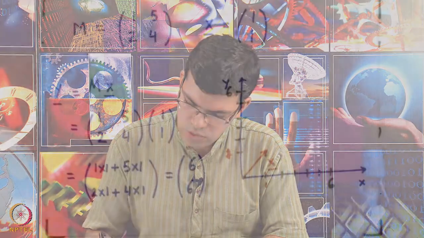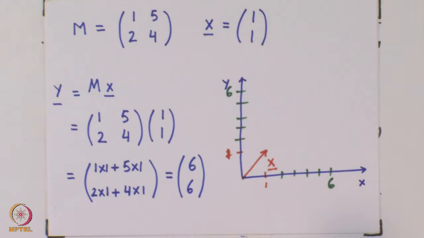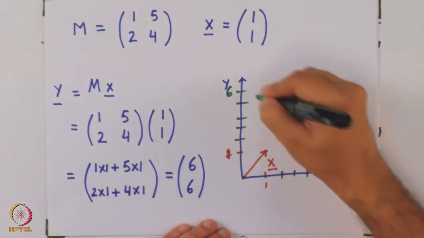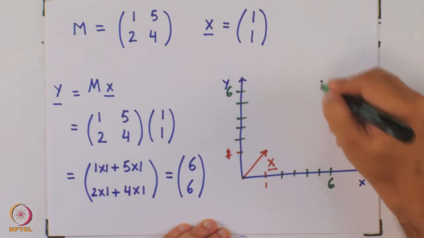So, now if we look at this again, y is [6, 6]. So, it is 6 units, 1, 2, 3, 4, 5, 6, in the first dimension, and similarly 6 units in the second dimension. And if we plot these, the resultant vector that we get is [6, 6].